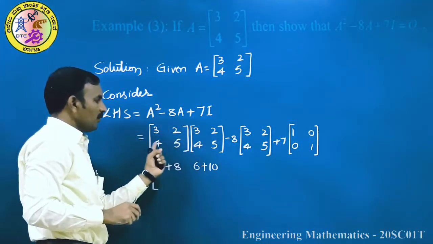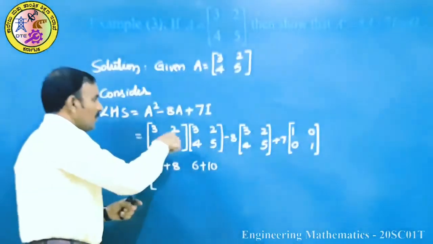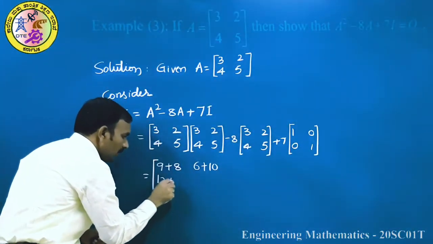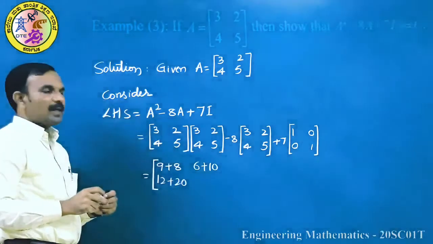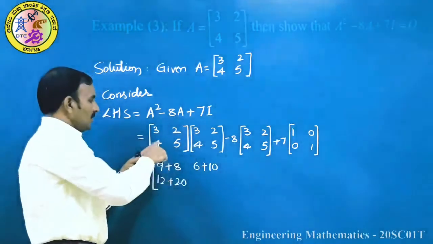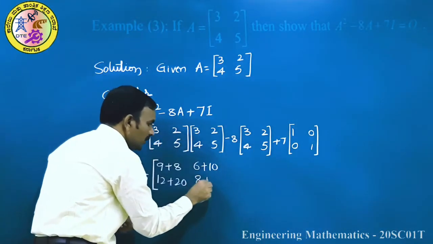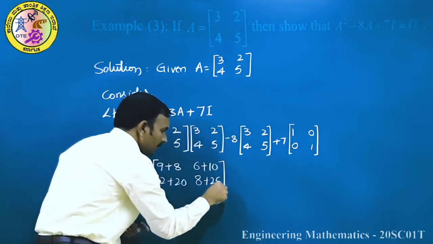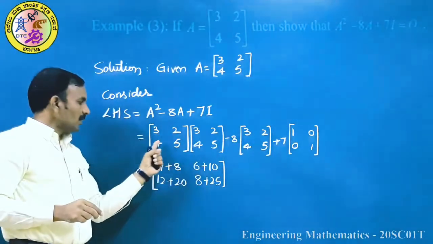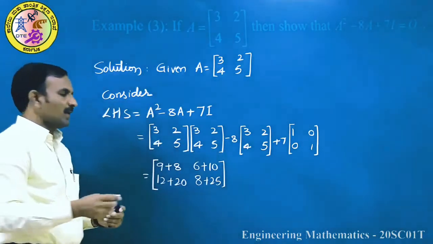Second row first column: 4 into 3 is 12, 5 into 4 is 20, so 12 plus 20. Second row second column: 4 into 2 is 8, 5 into 5 is 25.